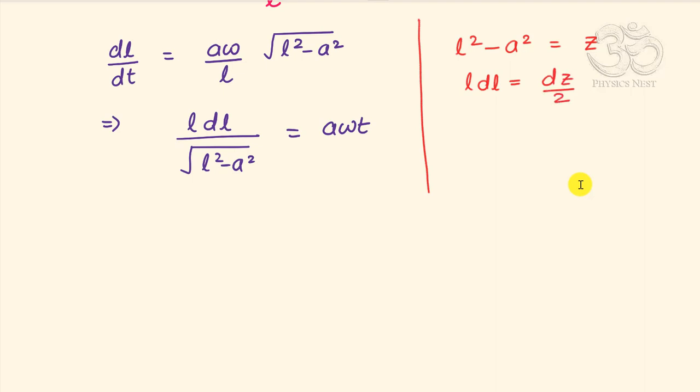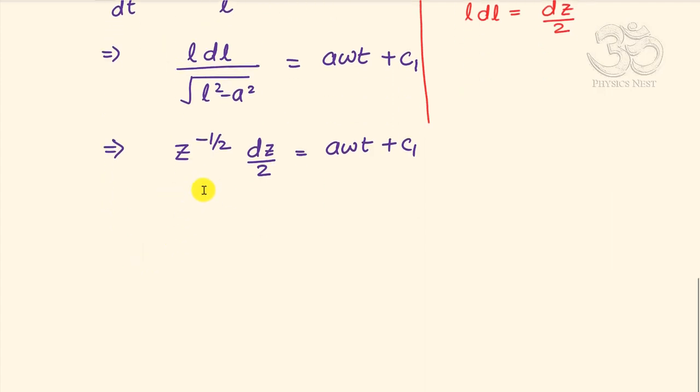You will get in the original equation here z raised to the power minus half dz by 2 is equal to a omega t plus c1, and I should have added that c1 here also. I have not added it, so this is c1, a new constant of integration, and I will have to integrate the left hand side because here I have already integrated the right hand side.